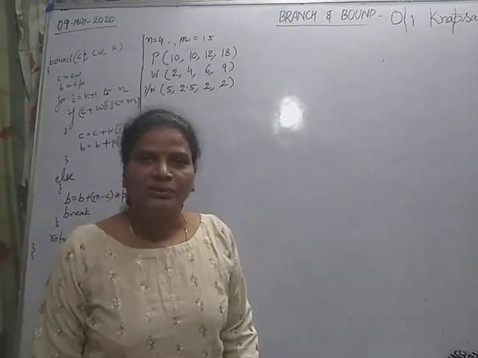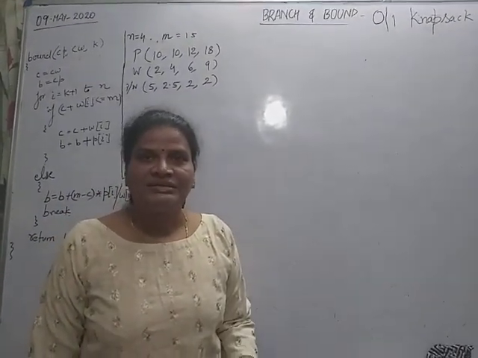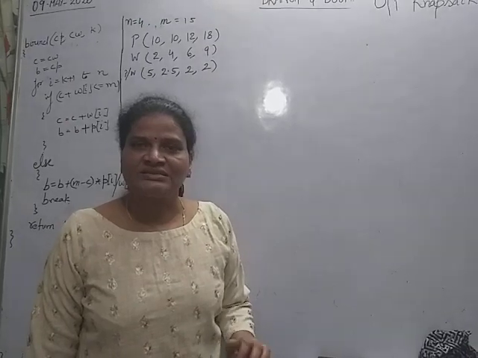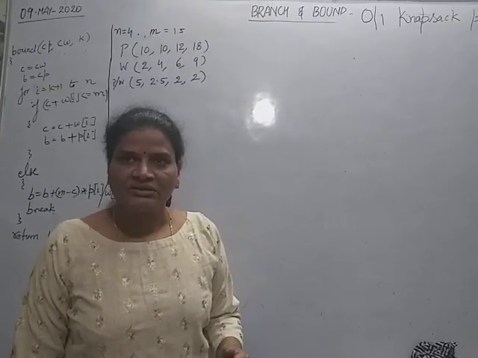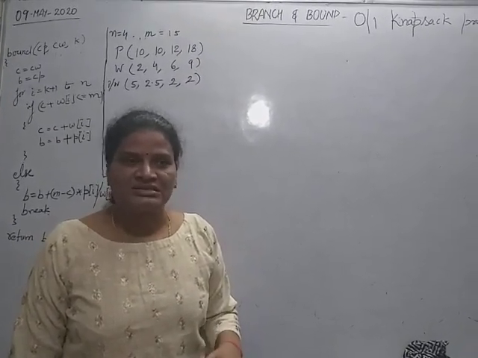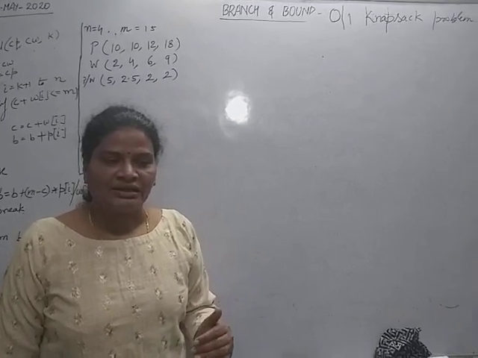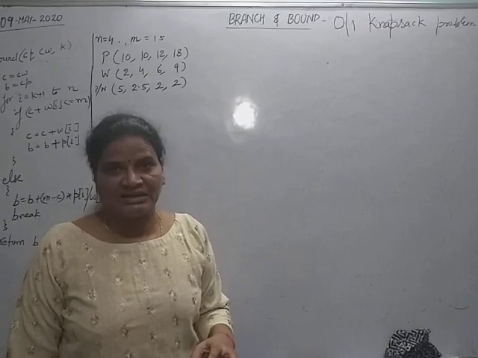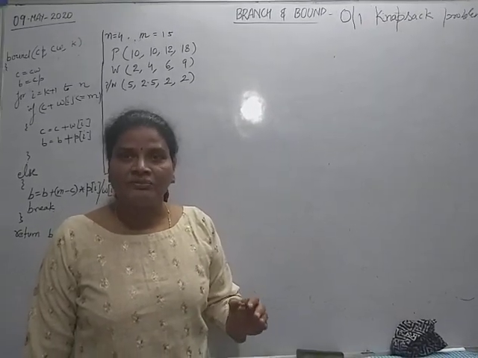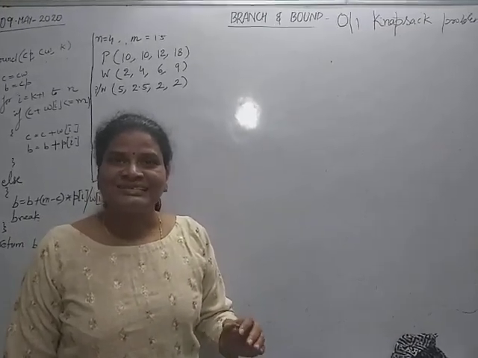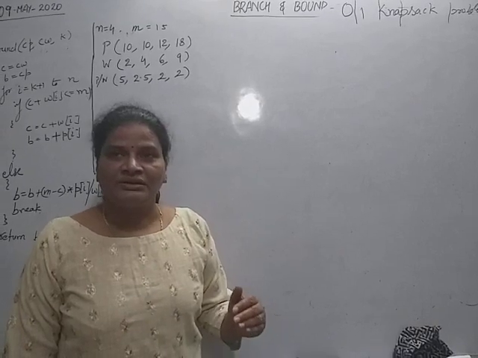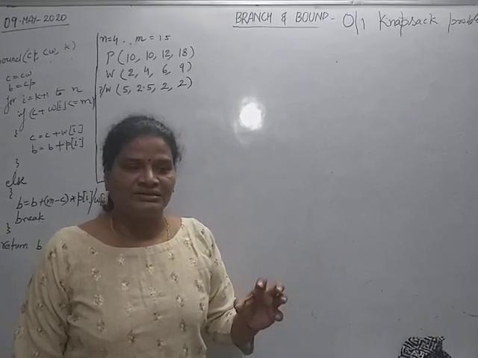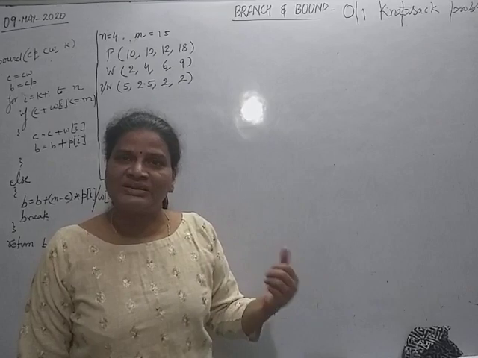In branch and bound part 2, I explained the least cost search method. What is the objective behind least cost search? Here, to search an answer node quickly. Just as in FIFO branch and bound, the next live node, which is the first live node, is selected as the E node.